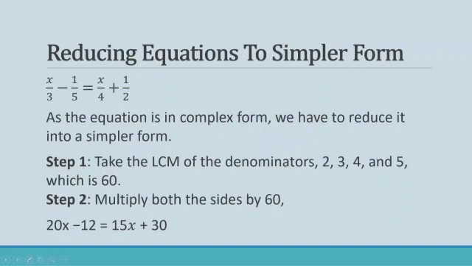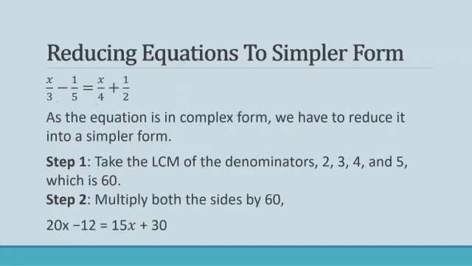Here, first step, we will take the LCM of the denominators 2, 3, 4 and 5. Here you can see on the left hand side we have different denominators 3 and 5, and here on the right hand side we have different denominators 4 and 2. So first we'll take the LCM of all 4 denominators together, that is 2, 3, 4 and 5, which is 60.